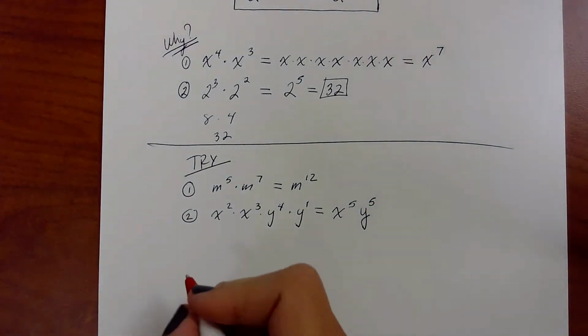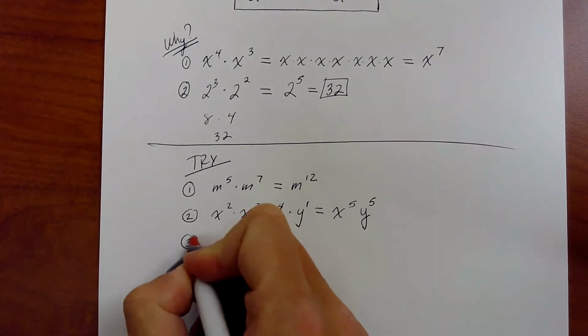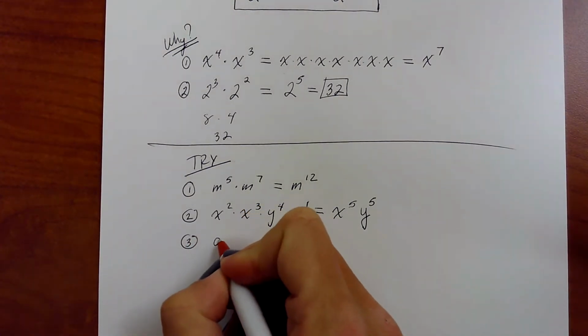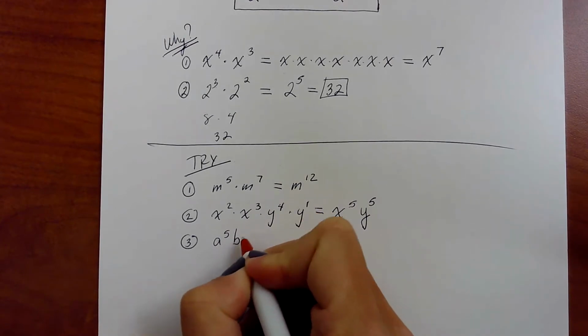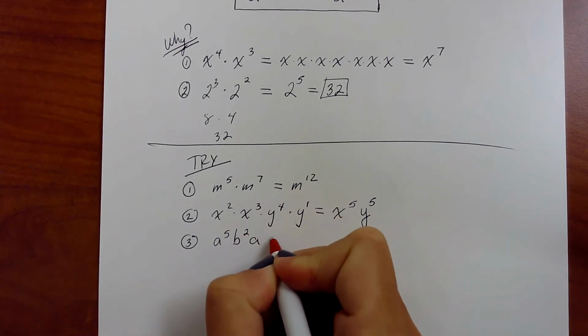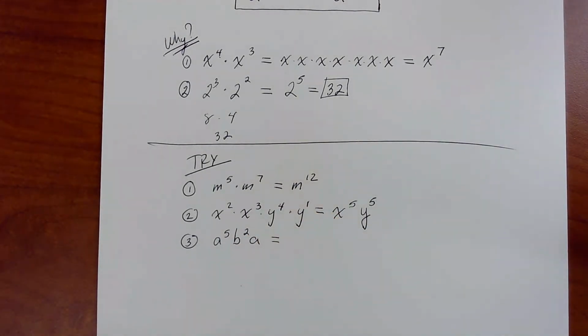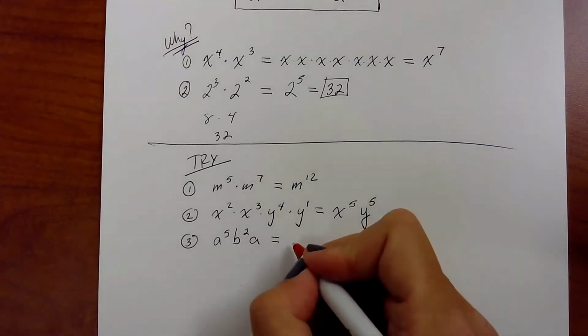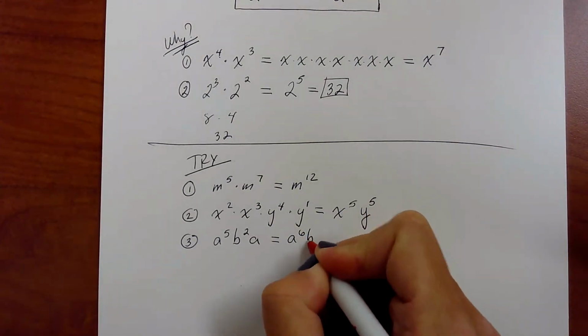Okay. All right, try another one like that. Let's see, we've got a to the 5th, b to the 2nd times a. See what you would get for that one. That should be a to the 6th, b to the 2nd.